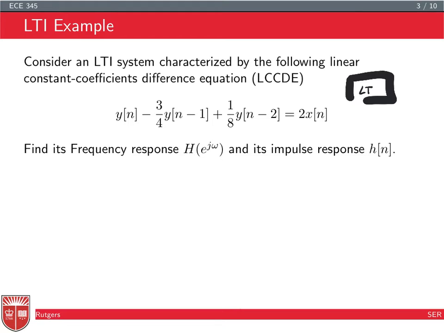This is the LTI system, and the input is x[n] and the output is y[n]. The LCCDE describes the relationship between the input and the output. And the question here is to find the frequency response H(e^jω) of this LTI system and to find its impulse response.